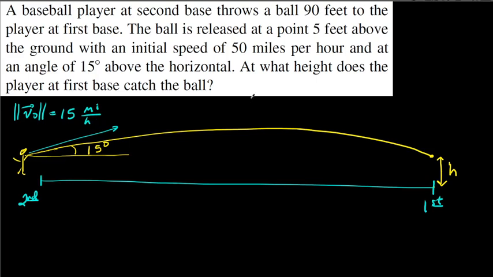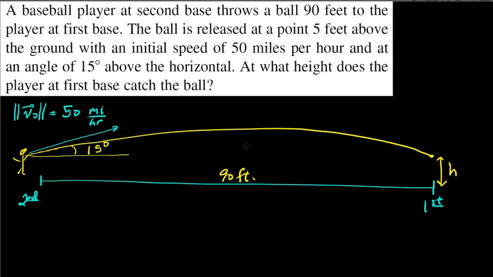Oh, sorry, 50, not 15. That's the angle. Yes, 50 miles per hour. All right, and I think that's all we know. Oh, of course, we know the distance between second and first base is 90 feet. So that's the question.